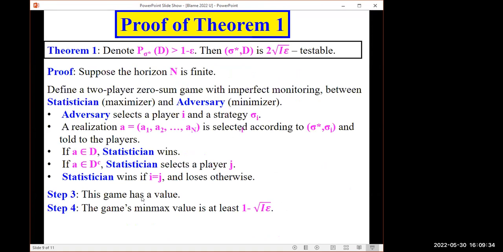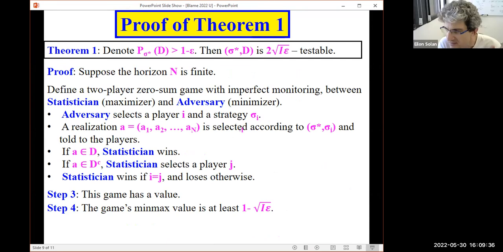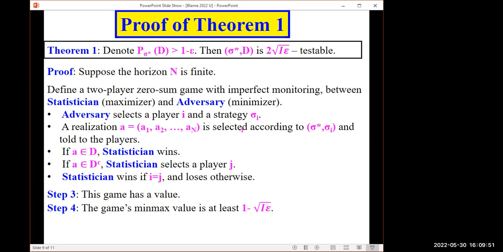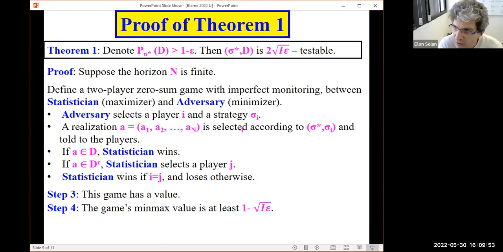Because when n is finite, the value exists. Suppose what happens when n is infinite. Okay, so the problem is an infinite horizon problem. In that case, I cannot say easily that the game has a value. I have to work a little bit to prove that the game has a value.